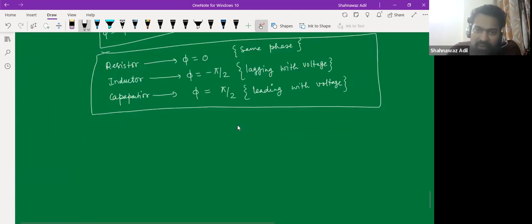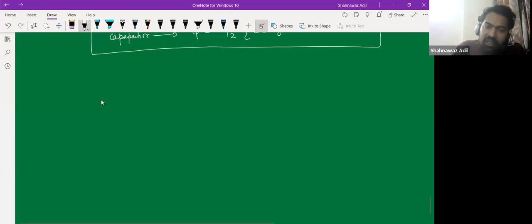So from the phasor perspective, before we write the phasor diagram, for the case of resistor, the resistance is R, right?